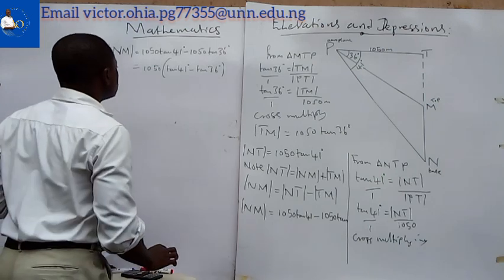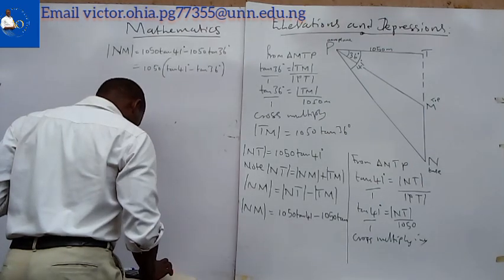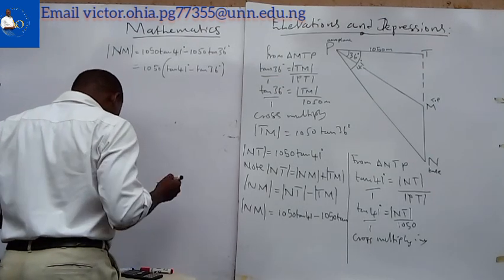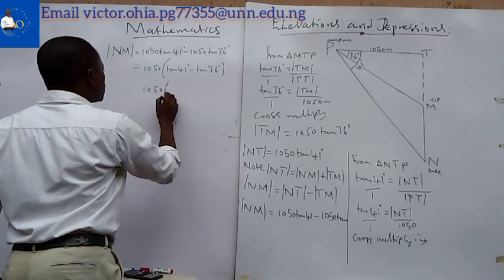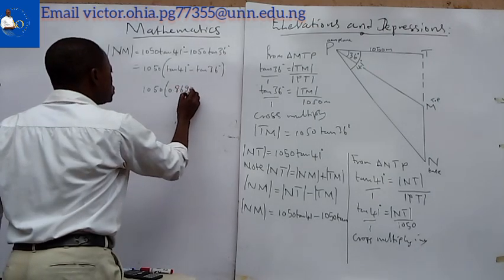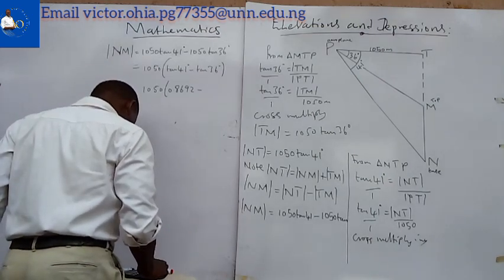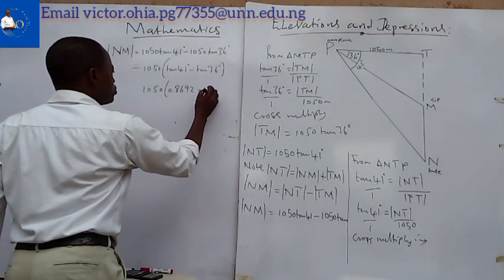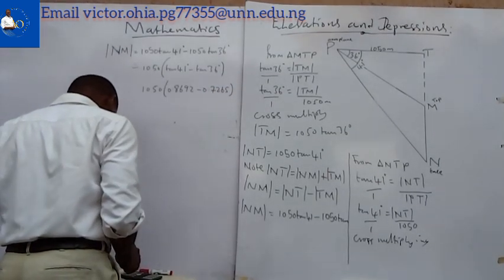And tan 41 degrees equals 0.8692, and tan 36 equals 0.7265.